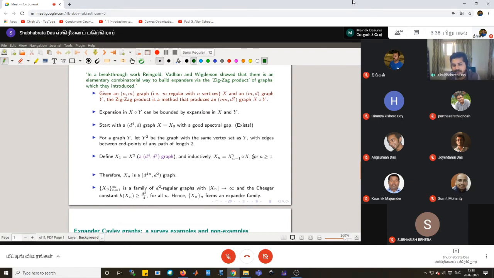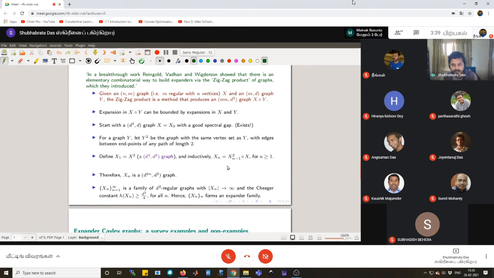Then I compose it again with x, which is d to the 4 and d. Then the composition would be d to the 4n, comma d squared. So this is how they are iterating the product.